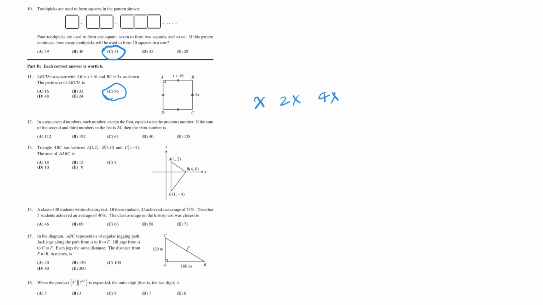This is a geometric sequence, and each time the ratio r is 2. So the sum of the second and third, 2x plus 4x, equals 24. 6x equals 24, so x is 4.